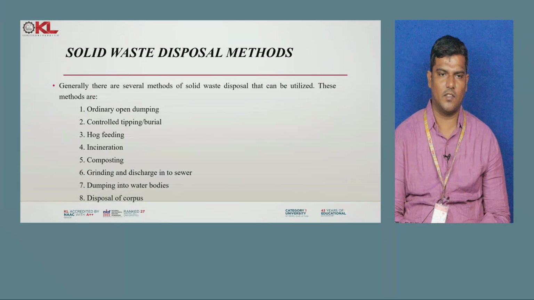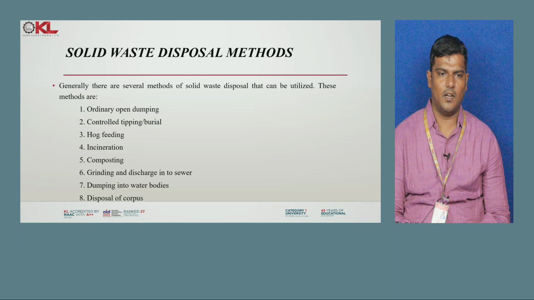Coming to the next one, controlled tipping as well as burial. Controlled tipping is where, if you are going for open dumping, you continuously tip the waste so that it can be used as manure in agriculture, or whatever remains can be dumped into landfills. Burial we generally prefer in the case of a closed system, otherwise the environment will be disturbed.